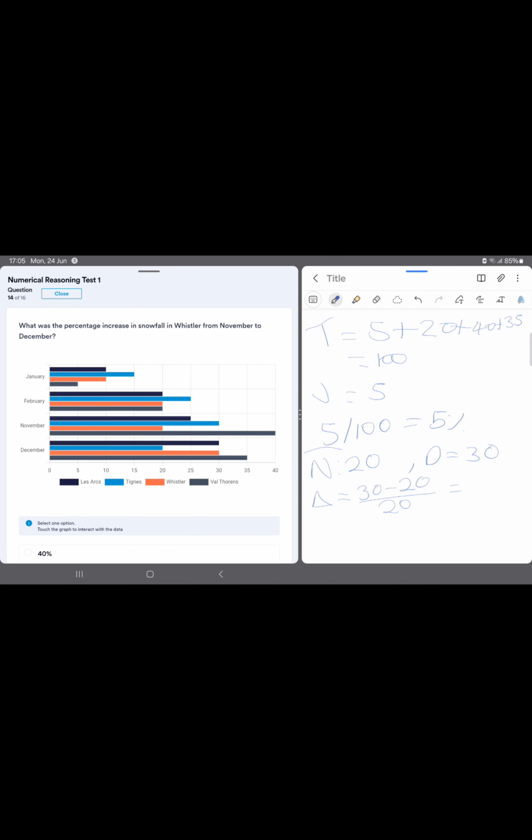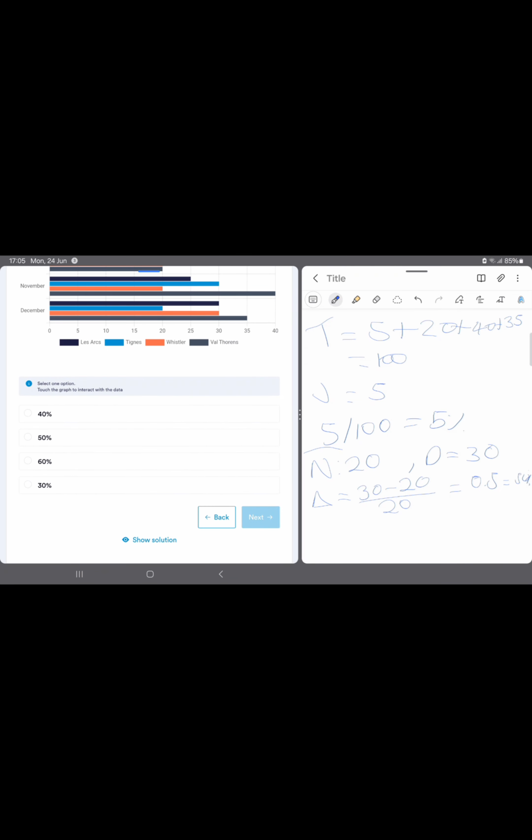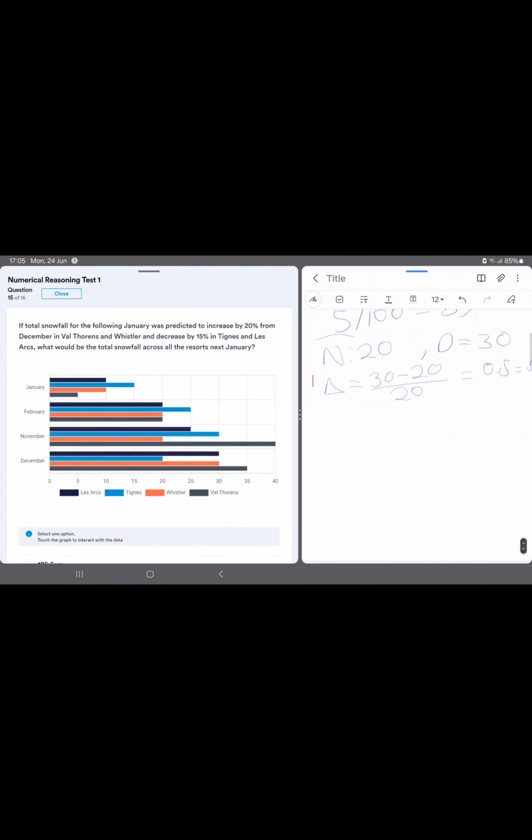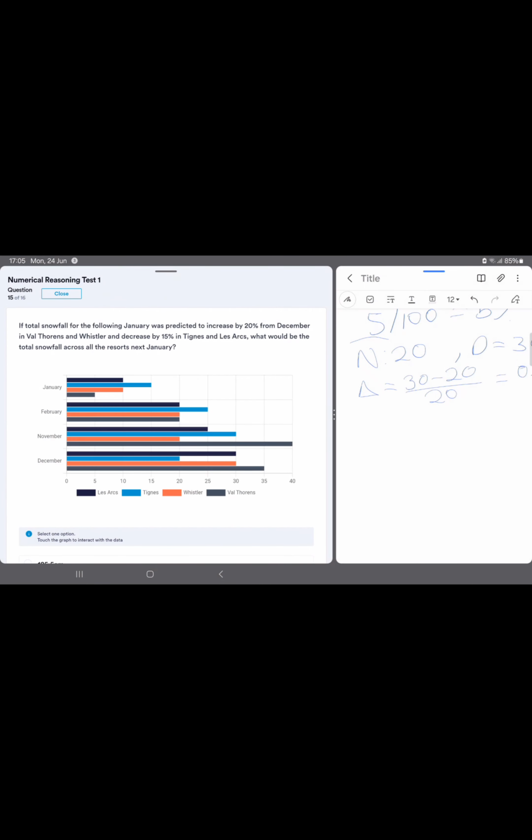This gives us 50% or 0.5. Looking at the options, that is option B. And then question 15.